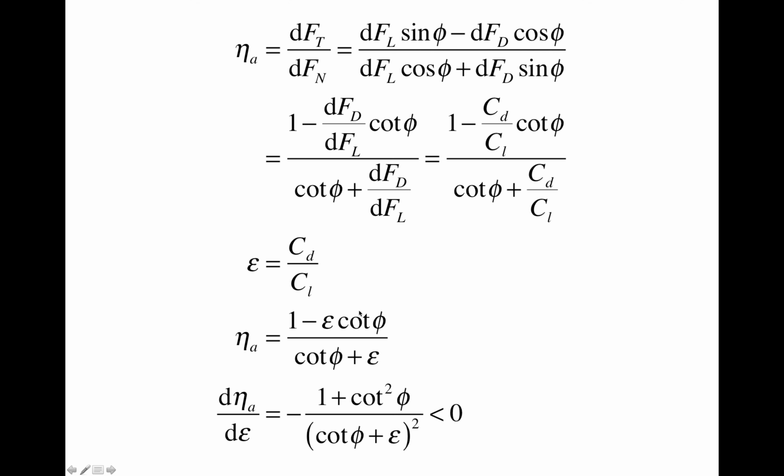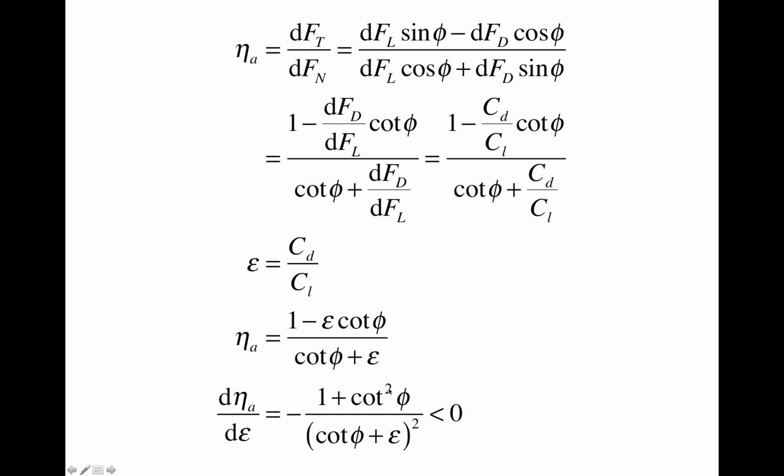So at every different radius, the angle phi, the angle of the relative wind, is fixed. It's a given value. So eta A is basically just a function of epsilon, right? And if we draw this function of epsilon, it's going to be monotonically decreasing. If you don't believe me, you can take a derivative with respect to epsilon, and this derivative is going to look like that.